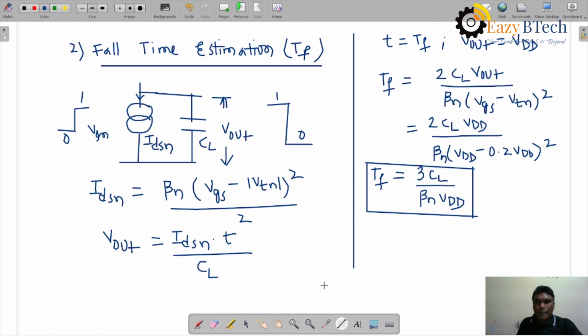This is the equation. Now, what are beta n and beta p? Let me write here.